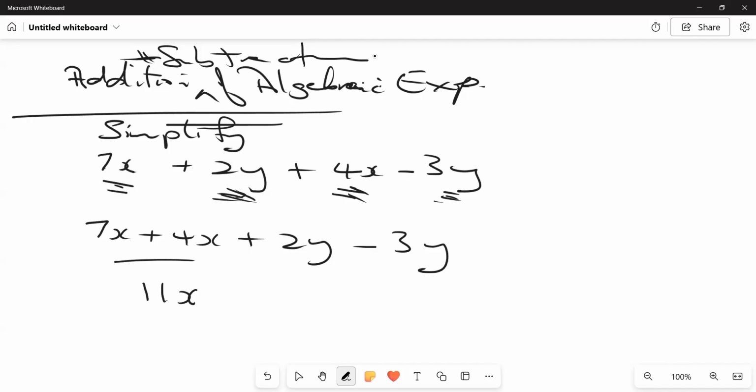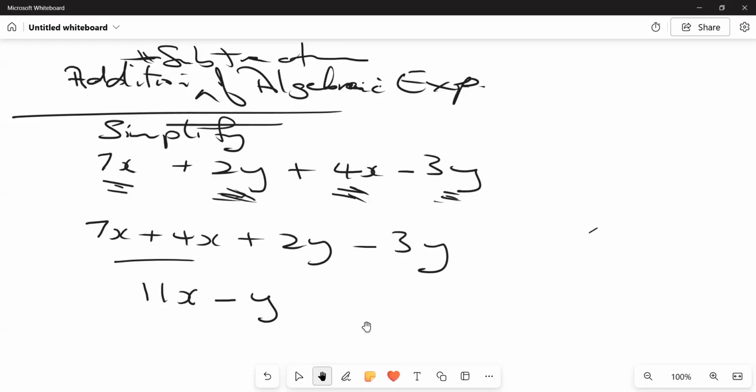And here you have 2y minus 3y, which will give you minus y. So you add and subtract like terms. Together? Yes, sir. Good. Let's do one that might be a little more complicated.